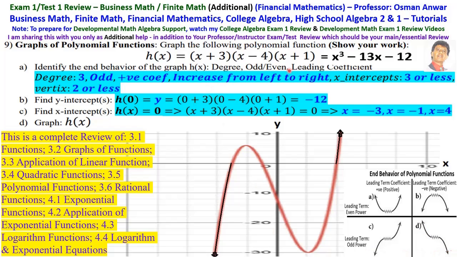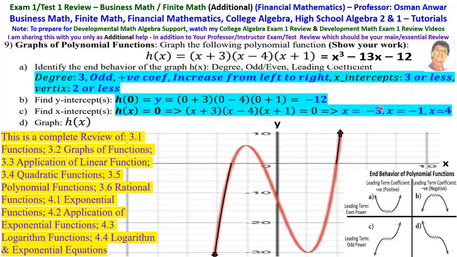So now by looking at this, the degree is 3, that means it is odd, and you have a positive coefficient, it is 1, that means the end behavior of this is it increases from left to right. So that means it is C. Then identify the x-intercepts.